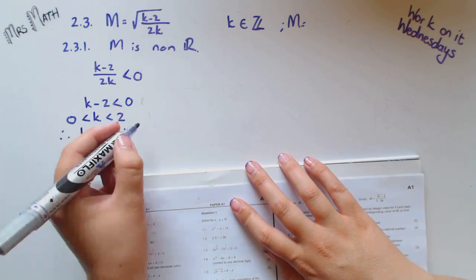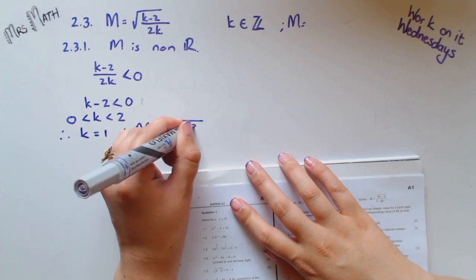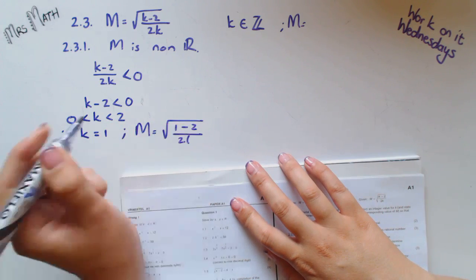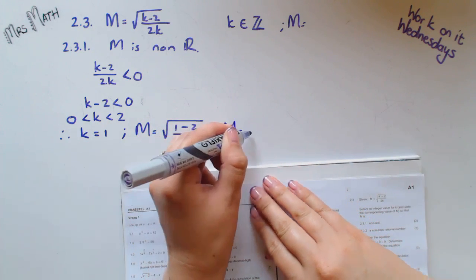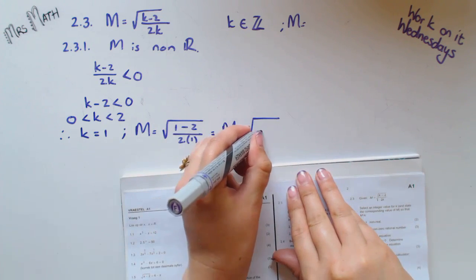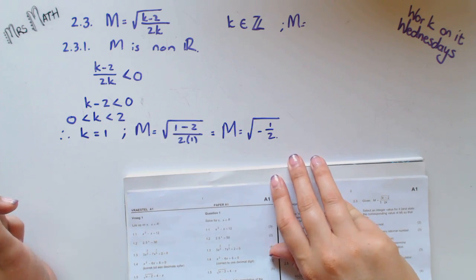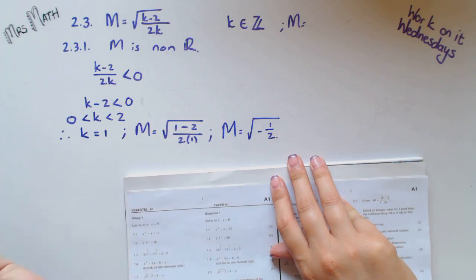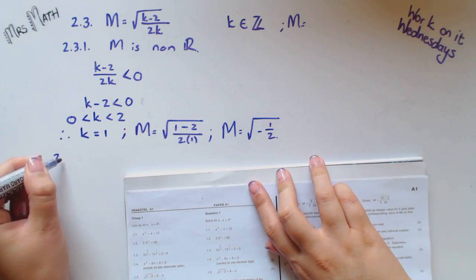And I can just substitute 1, then m will be the root of (1 minus 2) over (2 times 1). So this is negative 1 and this is 2, so it's negative 1 over 2. So my k is 1, m is the root of negative 1 over 2.